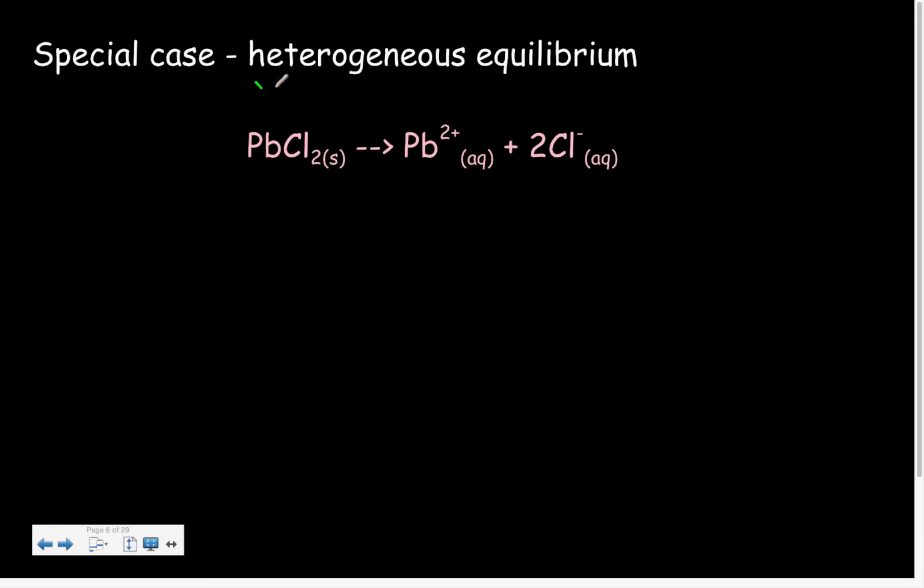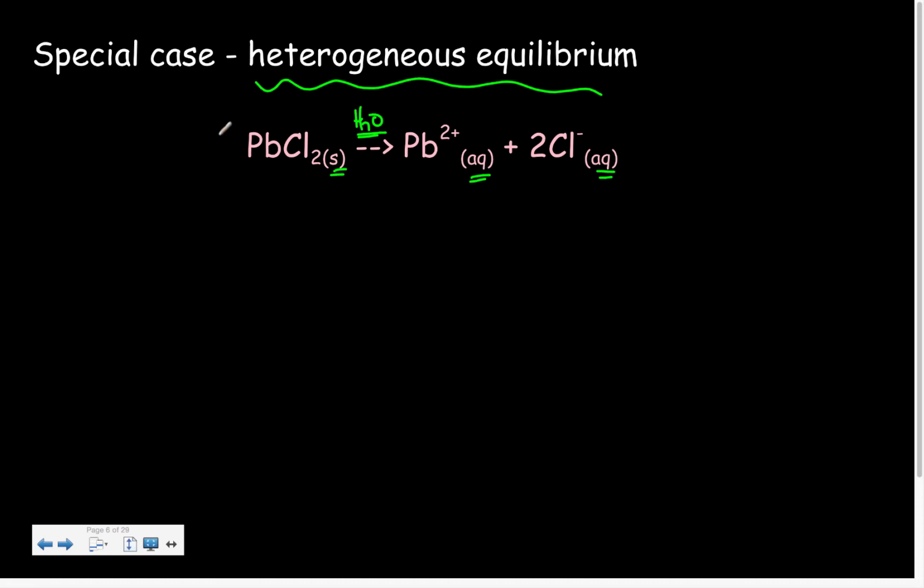Now, special case of heterogeneous equilibrium, wherein not everybody is in the same state. Here we see that this is a solid that forms two aqueous products. And not mentioned is that this is the dissolving. This goes back to that section where we talked about activities of pure substances. Aqueous means a solution, solid, pure substance.